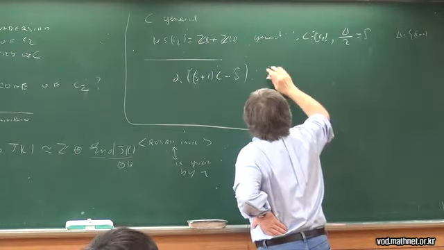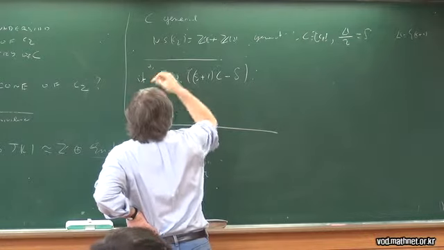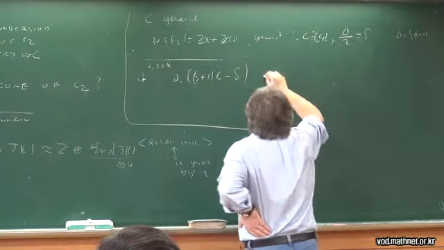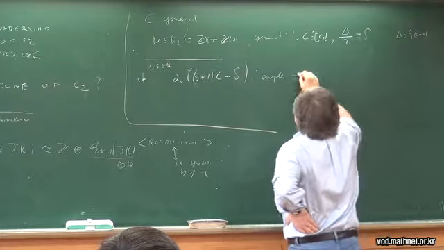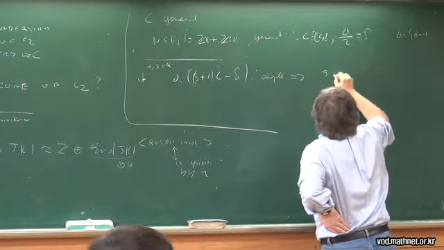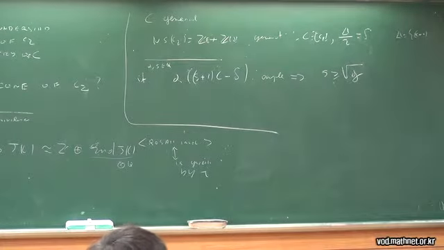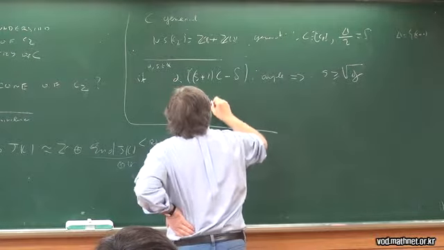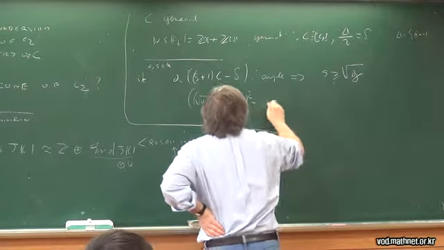If this is ample, so alpha and S you can take in Q, then it turns out that S must be bigger or equal than the square root of G. In fact, if you put square root of G plus 1 times C minus delta and you take the square, this becomes 0.